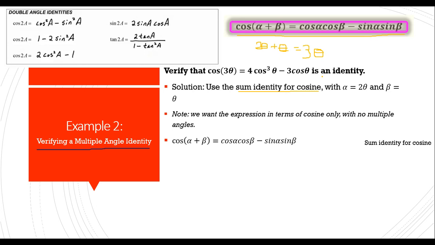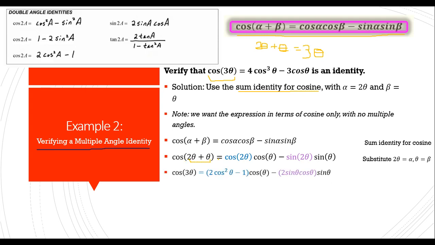And I'm going to say that alpha is 2 theta and beta is regular theta, because 2 theta plus theta is going to give me 3 theta. So I'm just substituting in 2 theta for alpha and theta for beta. The left-hand side is cosine of 3 theta, which is where I want to start and get my proof going.